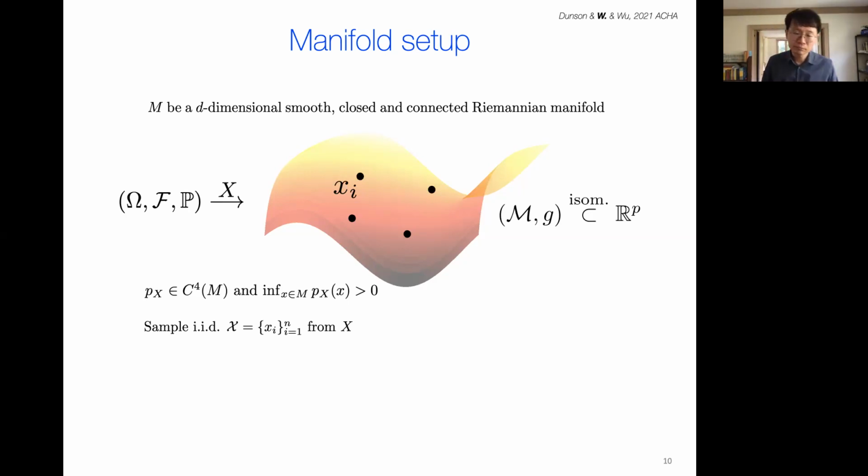So suppose M is a manifold, a d-dimensional manifold, closed and connected, very simple. We don't consider too crazy manifolds.